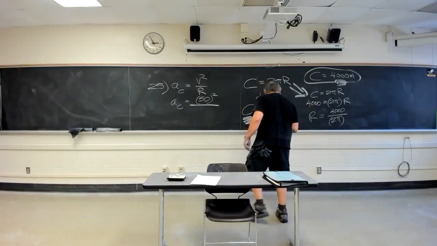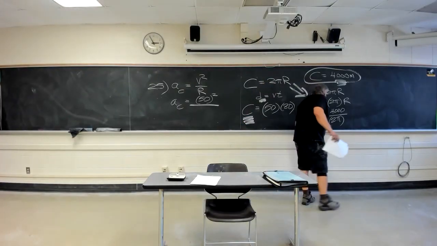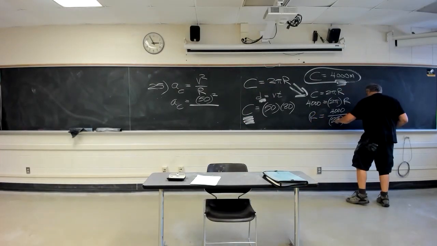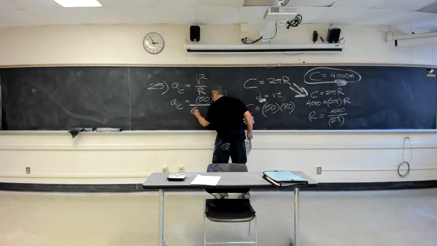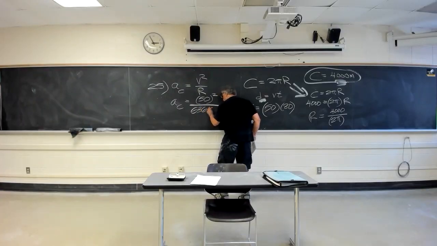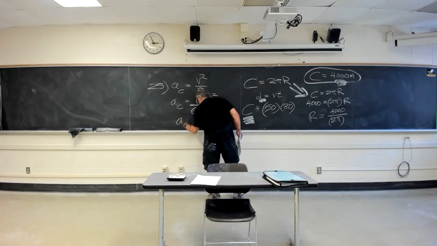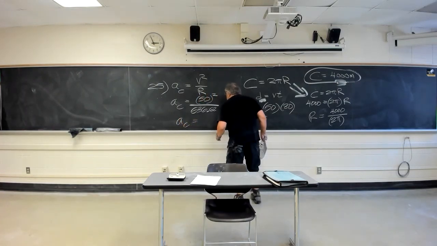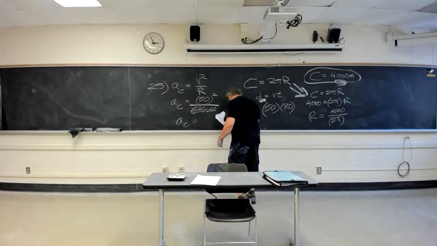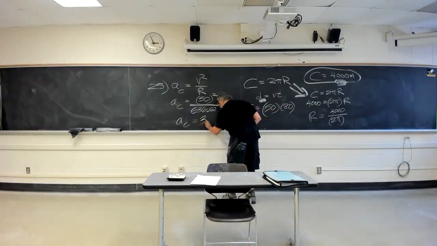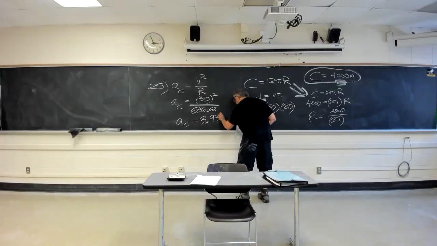That's a big track. So this R is 636.62 meters. We got all the units okay, so we're fine. This is 2,500 divided by this, it's about 4. You grind it out, you got 3.93.